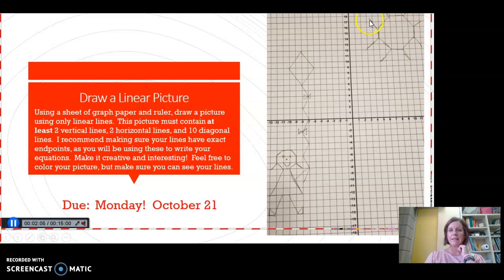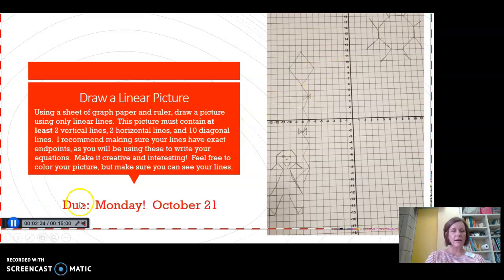So if I were going to write the equation of my lines, I wouldn't want to pick this line. So just make sure that you have some points with exact endpoints, because you can't tell me that that's 4.5. You don't know that that's 4.5, and I will count it wrong, or whatever number it is. I will count that wrong if you end up using that line. So make sure you have lines with exact endpoints.